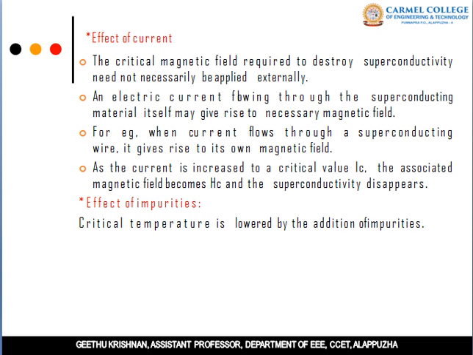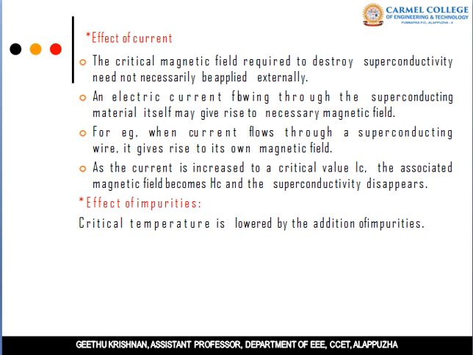Normally in the case of a metal, when it is placed in a magnetic field, the magnetic field lines will penetrate through the metal. But when a superconducting specimen is cooled below its transition temperature while in a magnetic field, there is a complete expulsion of magnetic flux from the interior of the superconductor.